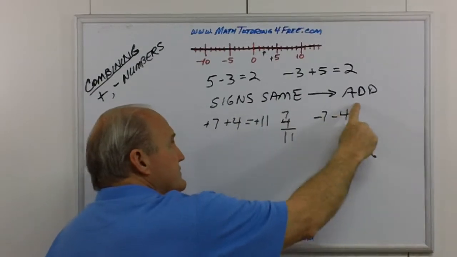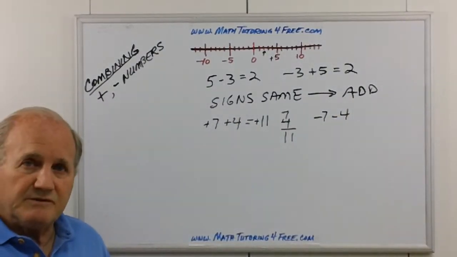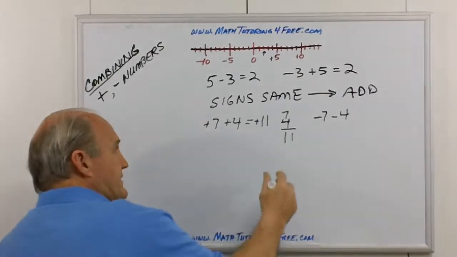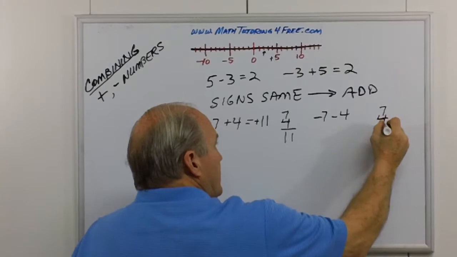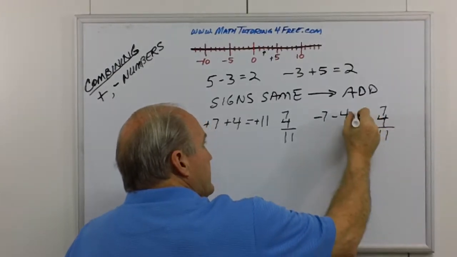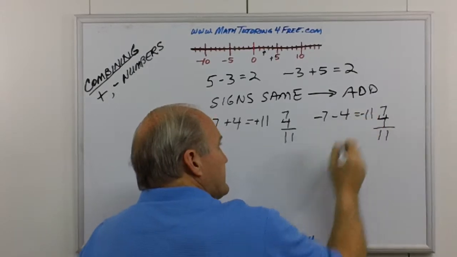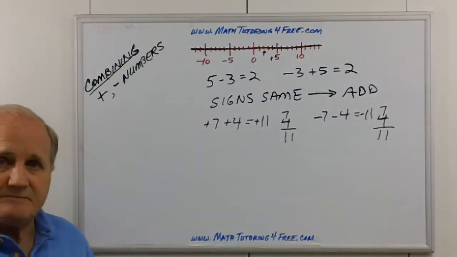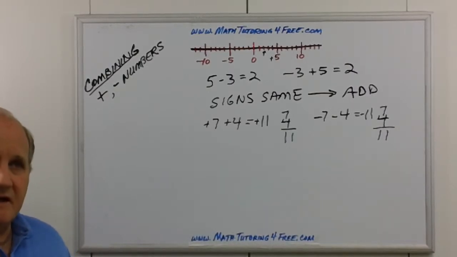Again, if we use this rule, it says, oh, the signs are the same. So what do we do with the numbers? We add the numbers. Again, 7 and 4 are 11. In this case, since both signs were negative, the answer is going to be a negative 11. That's pretty easy, and I think most kids get that.